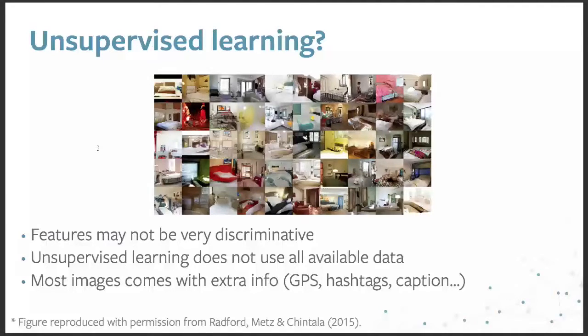The first is that it's not very clear that the features you learn are discriminative. The second is that you don't use all the data available to you. Images usually come with other information like GPS, hashtags, and captions, so you're throwing away a lot of information that you can get for free.